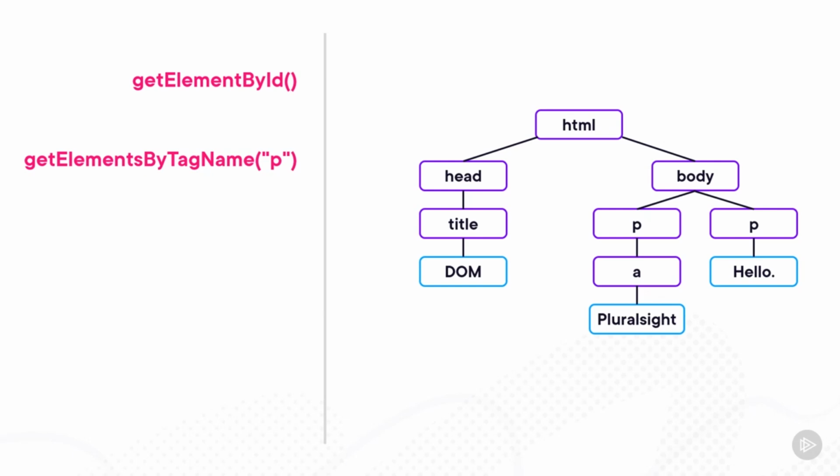Here, I just say, give me all the elements that have the HTML tag P. So in our example, there are two of those. And that's why getElementsByTagName of P will return a list of nodes, an array, and that list will contain 2 elements here.